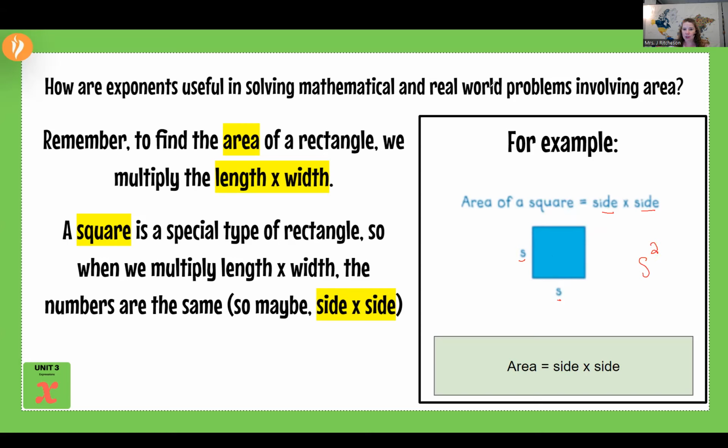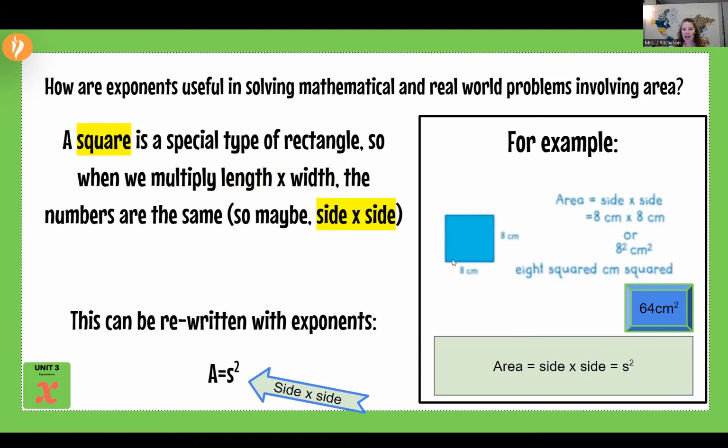So when you square a number, you're literally finding the area of a square with those side lengths. All right, here we have S squared. That's 8 by 8. So if I wanted to know what the area is, I would square 8. 8 times 8 is 64. So the area of a square with side lengths of 8 is 64.